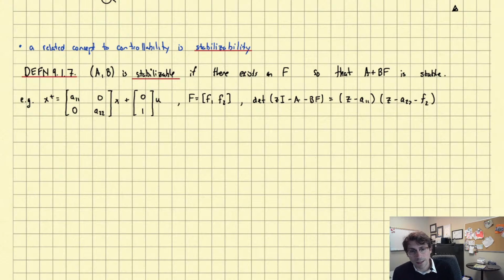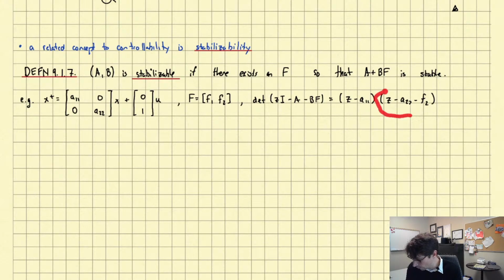So the fact that the control can't get at that first state, can't affect its evolution in any way, the way that's manifesting itself is that this term here, my feedback has no effect on it. It doesn't matter what I pick for f. I can't do anything about the fact that in the closed loop, this system is going to have an eigenvalue exactly at the value of a11. And there's nothing I can do with the control to affect that.